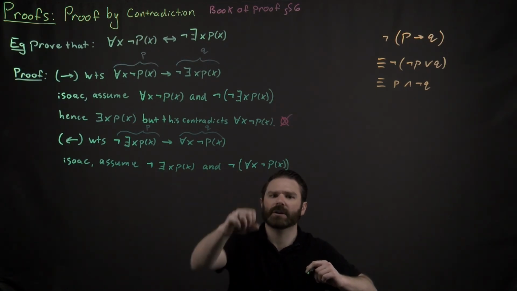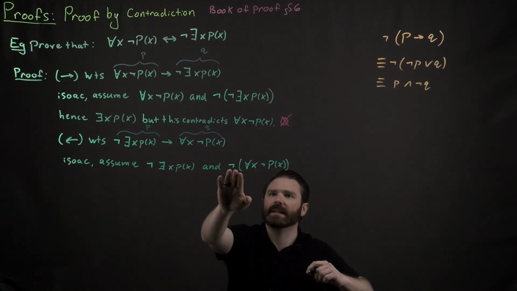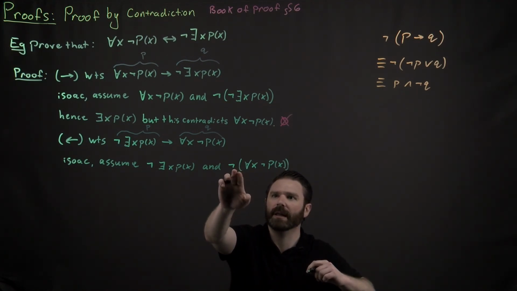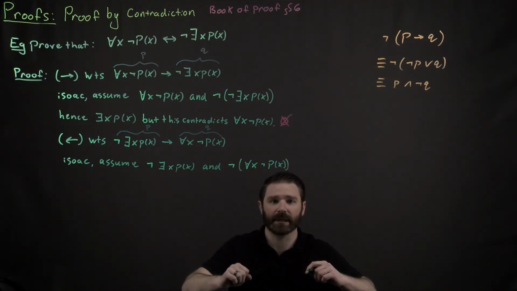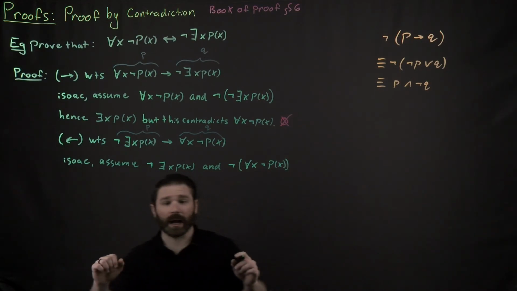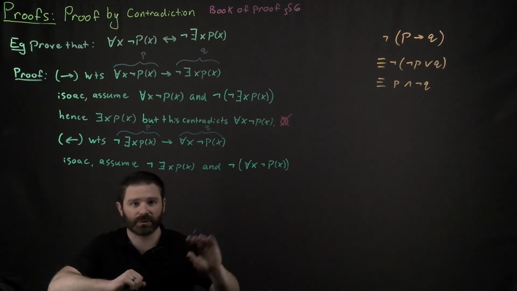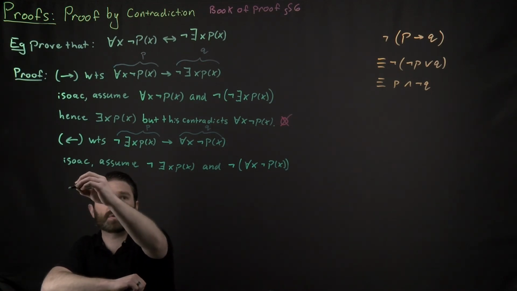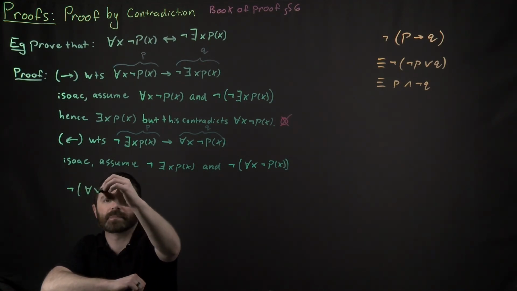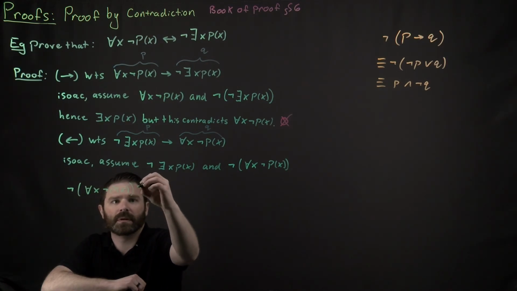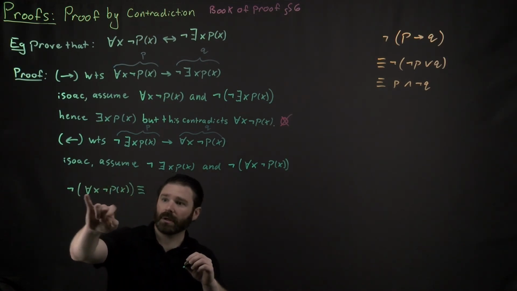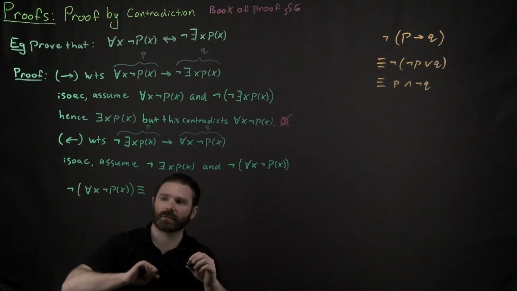So this right here is actually using the fact that I know how this universal quantifier and this negation work. I already know, because I've previously shown using truth tables and other arguments, how to distribute this not into the universal quantifier.